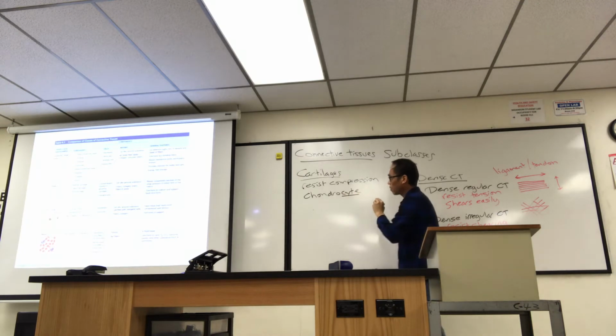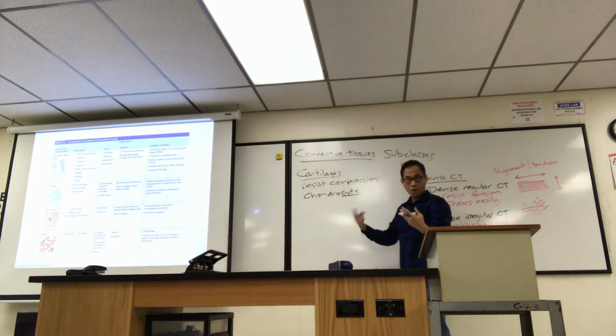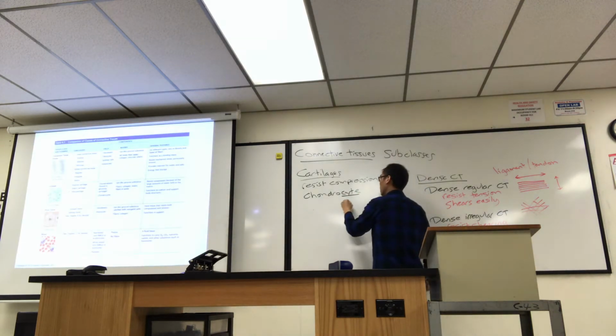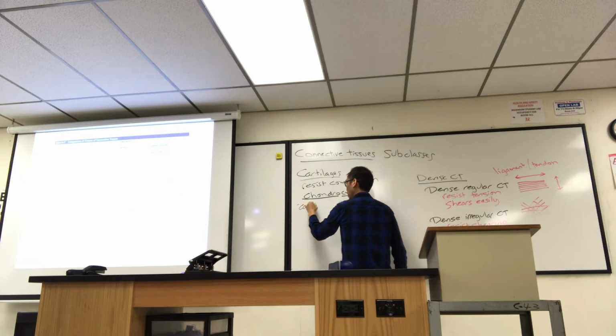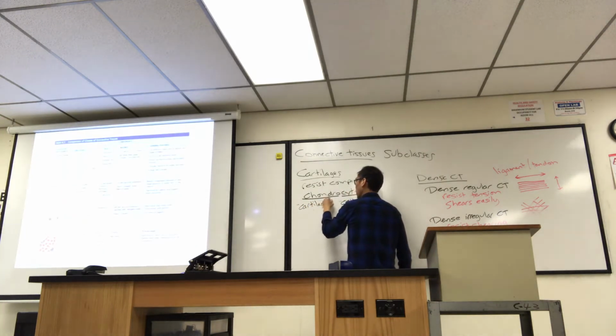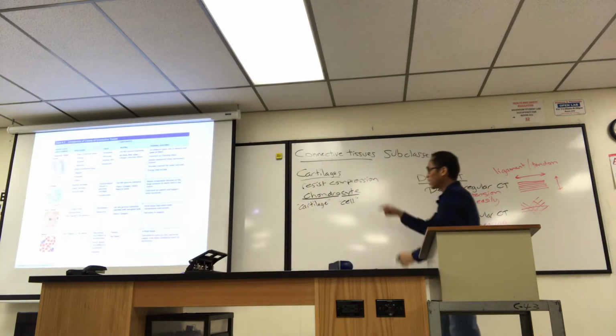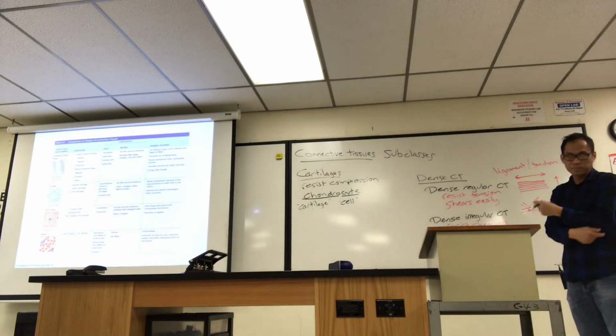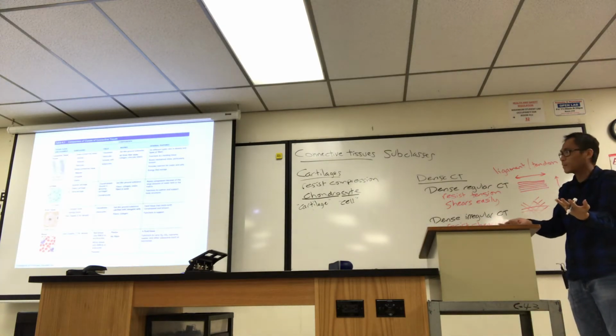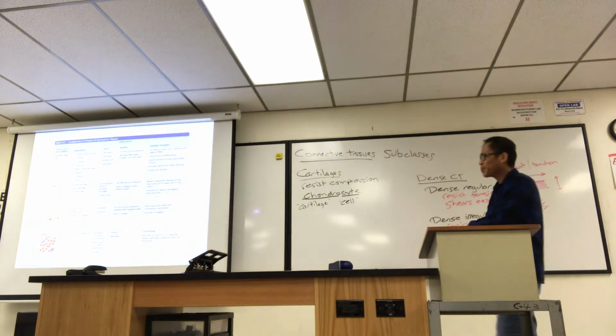Cyte means cell. Chondro means cartilage. If you can recognize the chondrocyte, you'll know you're looking at one of the three types of cartilages we're going to look at. Okay, so just note that for now. So when we get to it, you'll look for it.